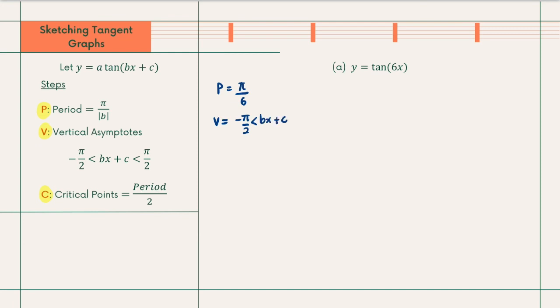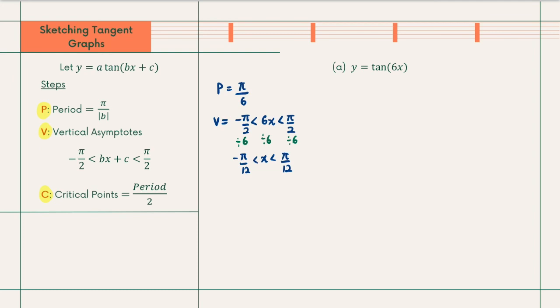Oh sorry, bx plus c kita adalah 6x less than pi over 2. Okay, so kalau nak hilangkan 6 ni, kita akan bahagikan dengan 6 pada ketiga-tiga bahagian. And we have negative pi over 12 less than x and less than pi over 12.